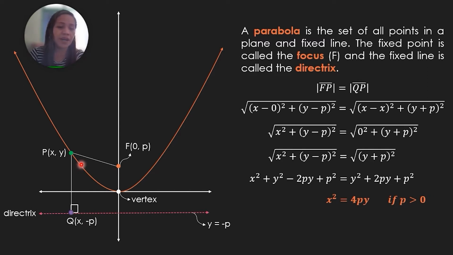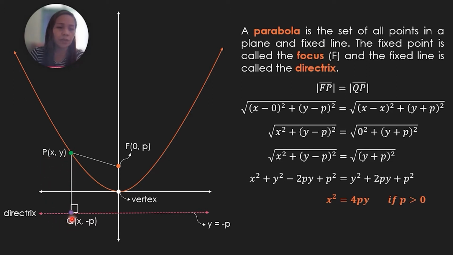Now, if we have a line from point P going to the directrix, and this is perpendicular, meaning 90 degrees, and the point of intersection, let's call that point Q. Now, take note, since they are perpendicular, if the x value of P is x, that means the x value of Q is also x.